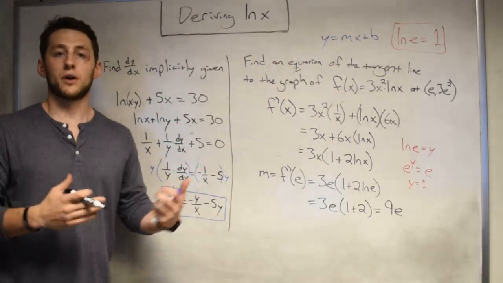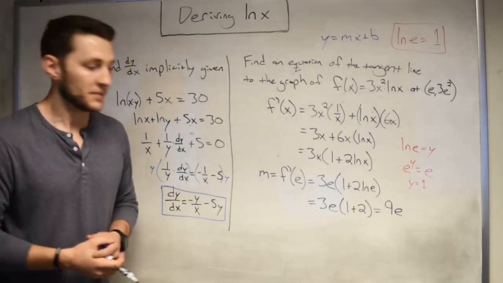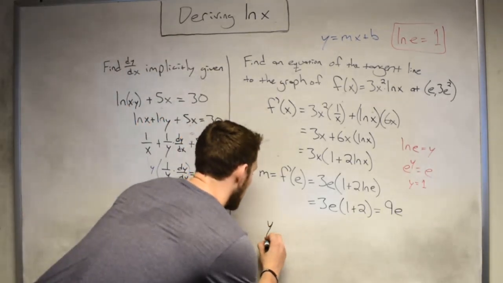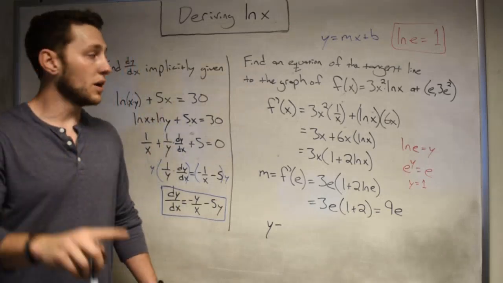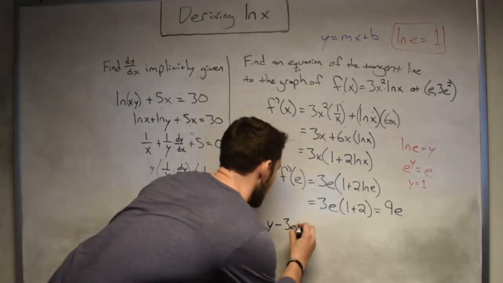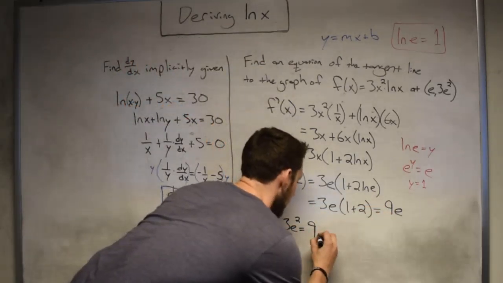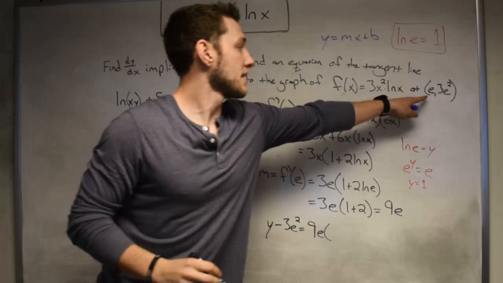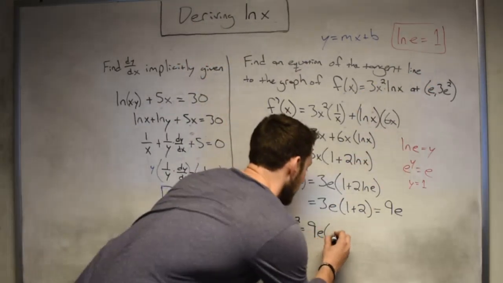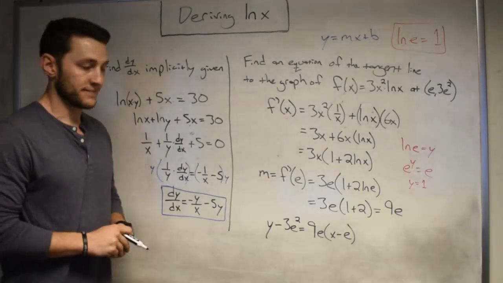From here, we go to our point-slope form to get the equation of the tangent line. Y minus y1. Our y is 3e squared, so y minus 3e squared equals m, 9e, times x minus x1. Our x1 is e in this case.